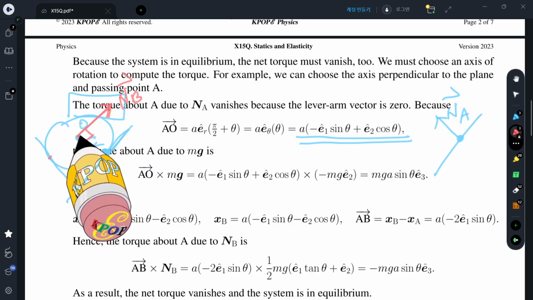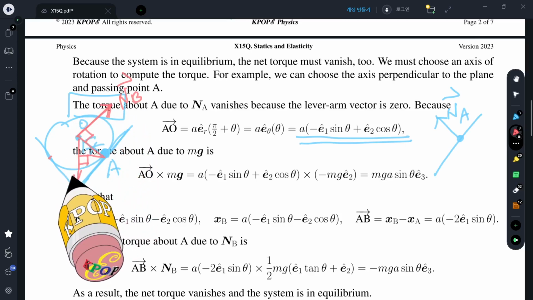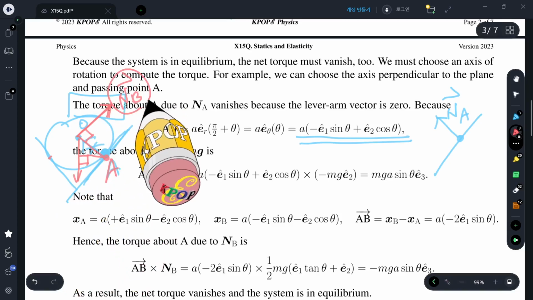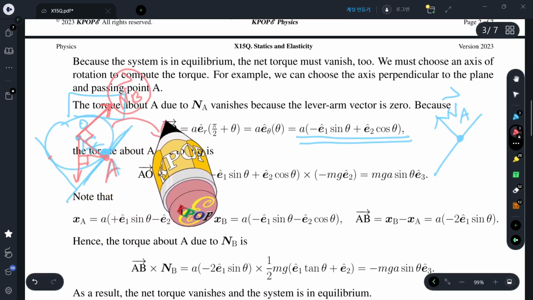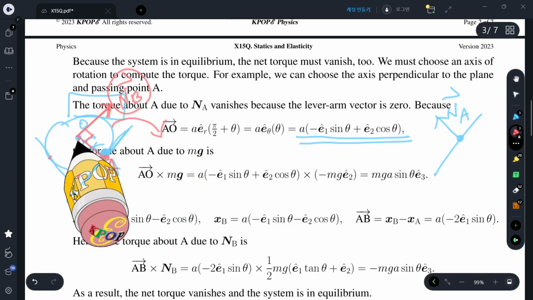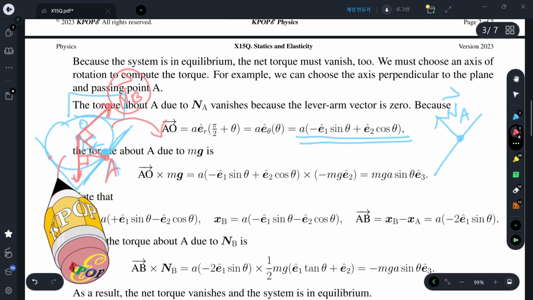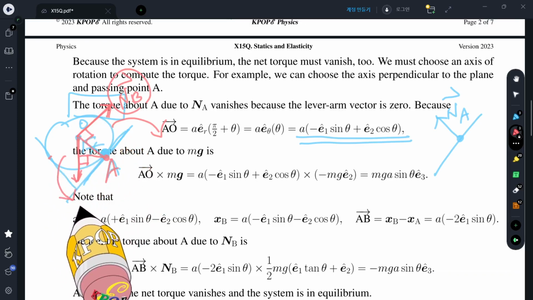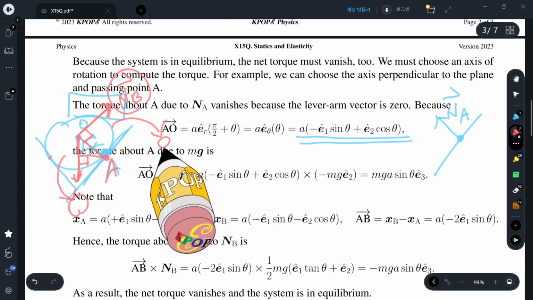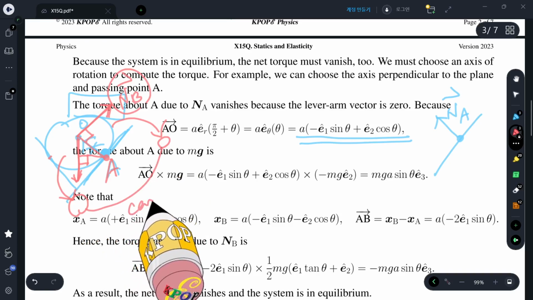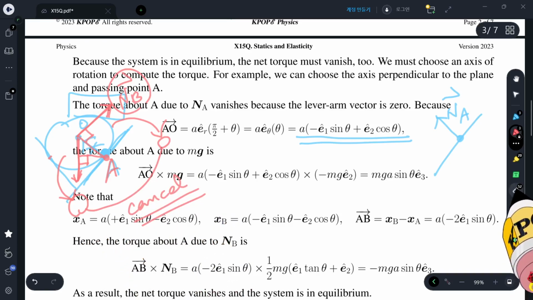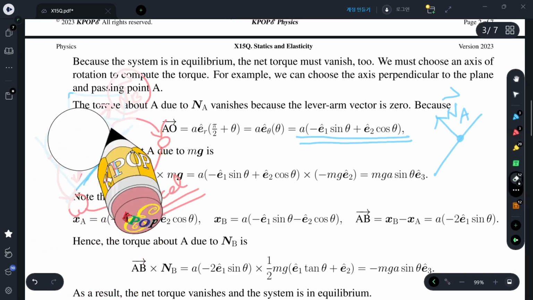So NB multiplied by this one. If you look at this reference point A, NB tends to rotate the cylinder clockwise, and the gravitational force tends to rotate it anti-clockwise, and these two torques must cancel. That is our constraint to solve the problem.